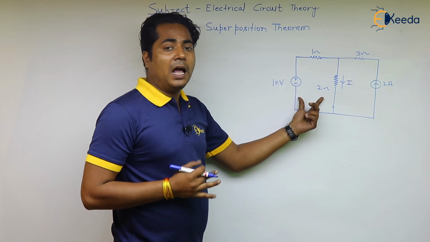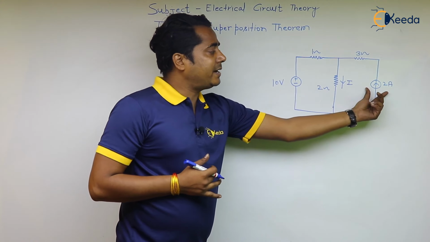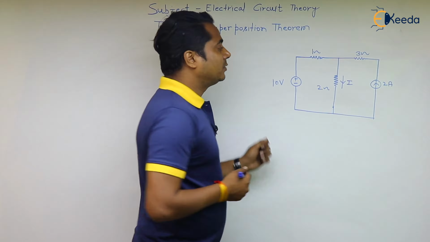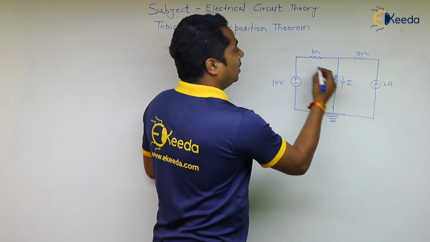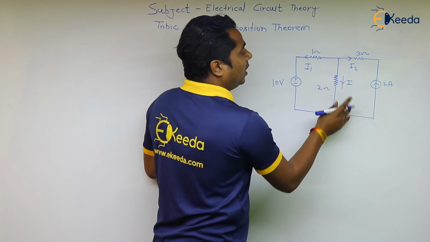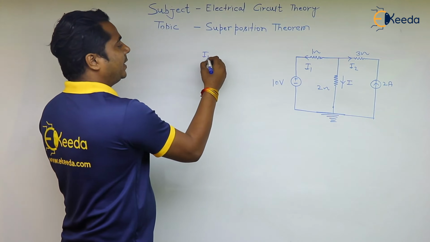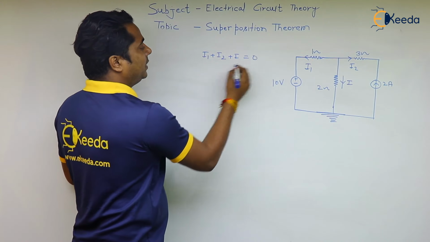First of all, I will calculate the value of I when all the sources act together. I can apply any method, so I am applying supernode analysis. Let us assume this is I1, this is I2, all the currents are going outward, so we can write I1 plus I2 plus I is equal to 0.